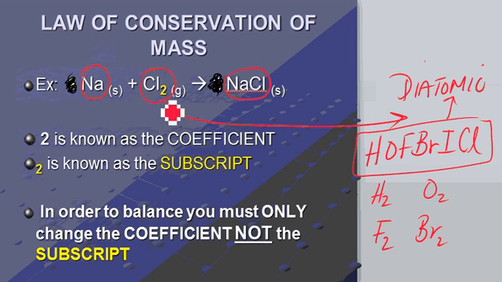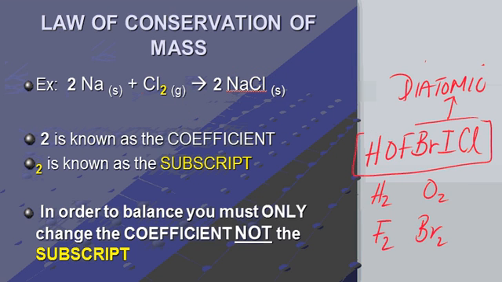Now, this means if we have two chlorine atoms, let me just make some space here. That means we have a chlorine and a chlorine. And we know we have a sodium. Again, let's just get rid of this for now.